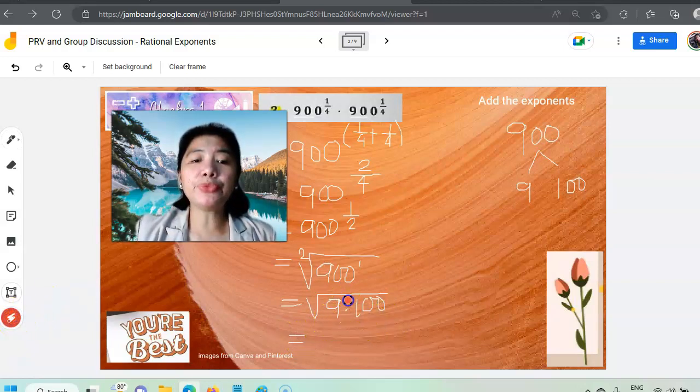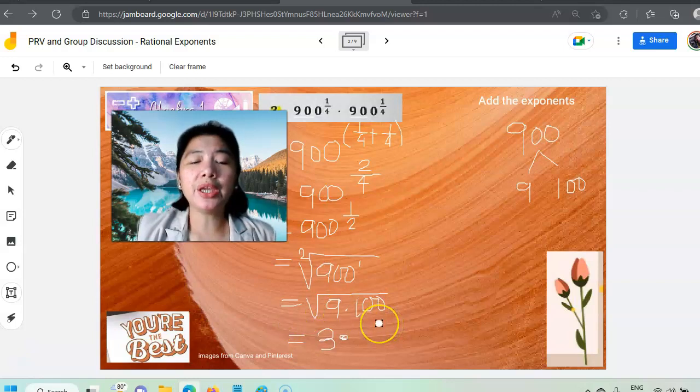Once we have two factors inside the radicand, perform the square root operation to each factor. So we're going to do the square root operation twice. First, the square root of 9 is 3. So write 3, and then perform the square root operation again to the second factor of the radicand, 100.